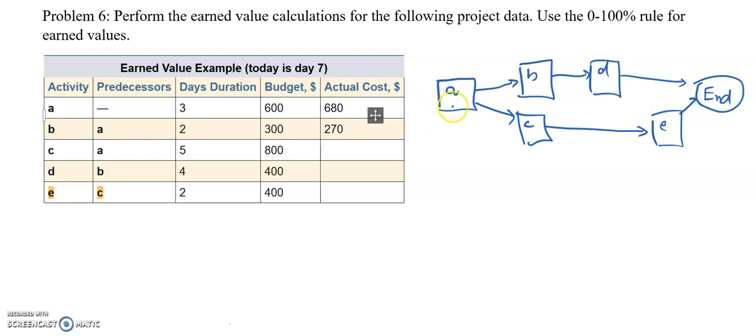A is 3 days, B is 2 days, C is 5 days, D is 4 days, and E is 2 days. So calculate the activity times.